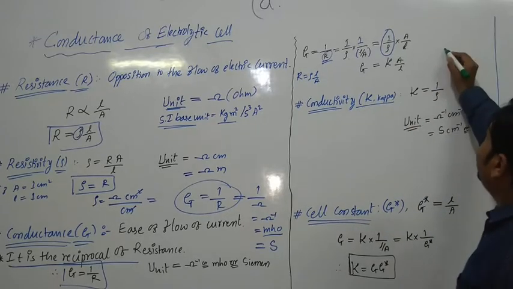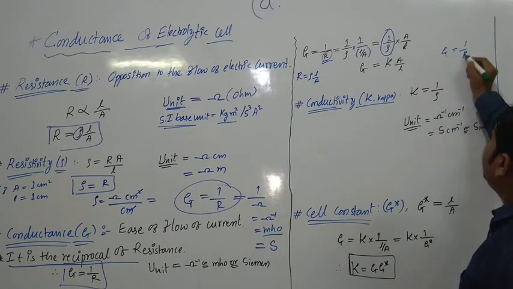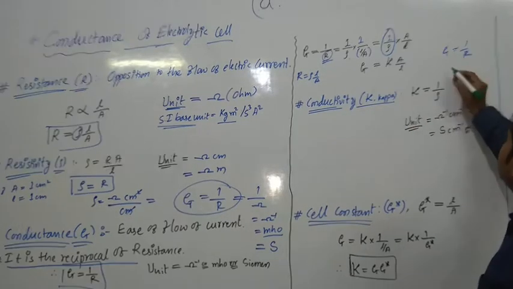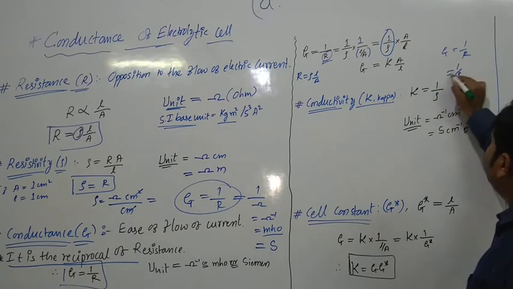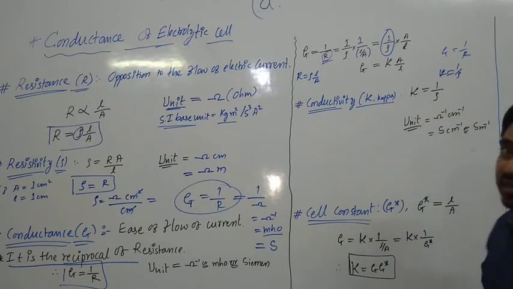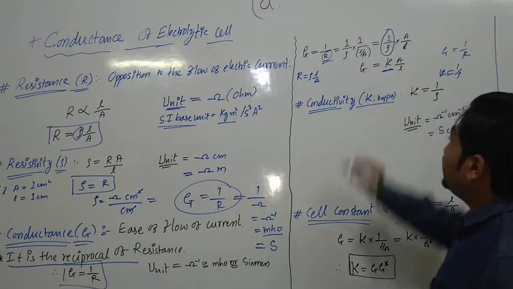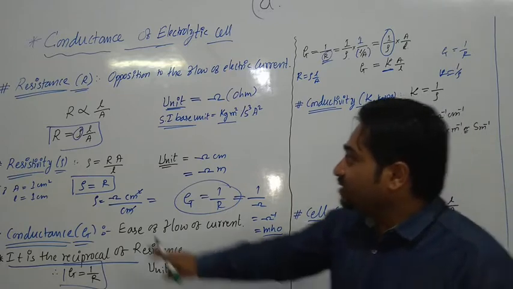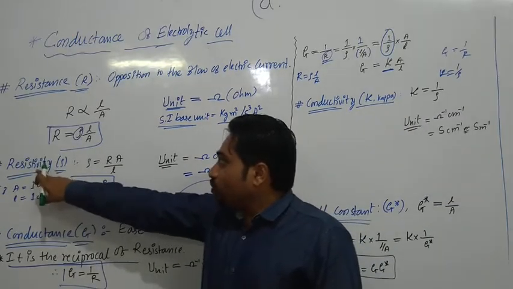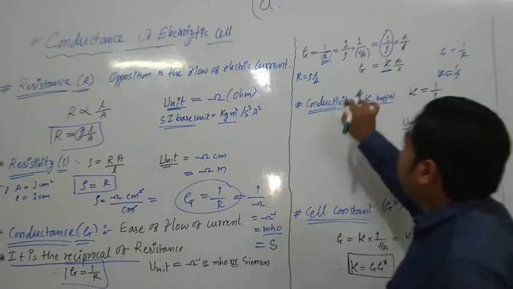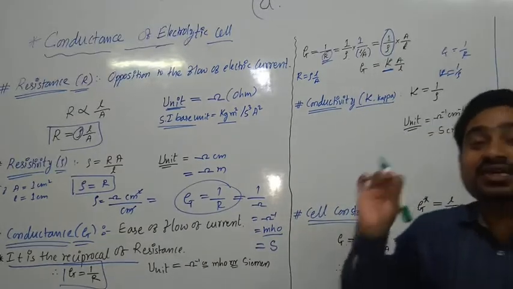See here, as 1 by R is conductance, 1 by rho is specific conductance. This specific conductance is called by another name, that is conductivity. As specific resistance is known as resistivity, specific conductance is known as conductivity.